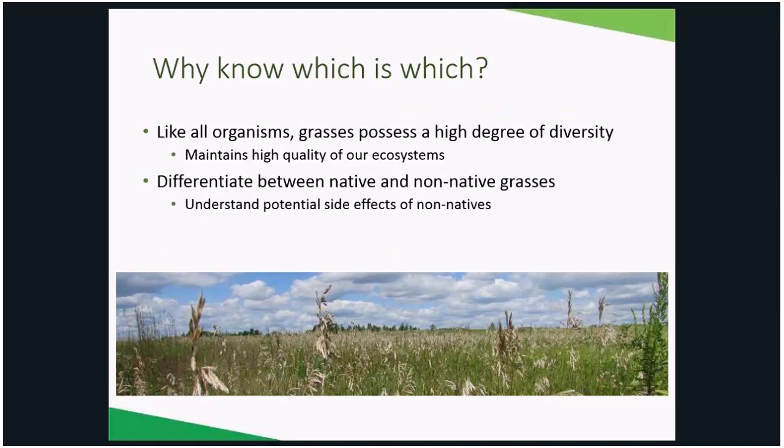There are other non-native invasives like Japanese stiltgrass down in southern Illinois, and if we weren't able to identify that grass, then we wouldn't be able to properly treat for that grass. So it's really important to know what we're looking at so that we can keep healthy ecosystems.